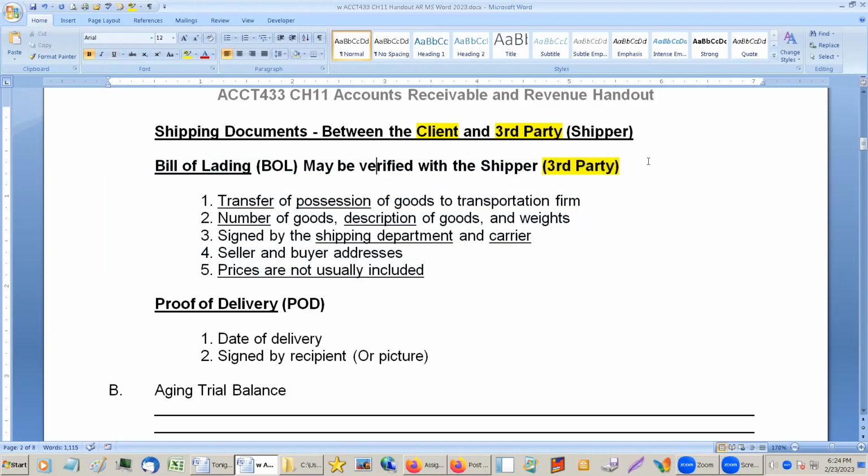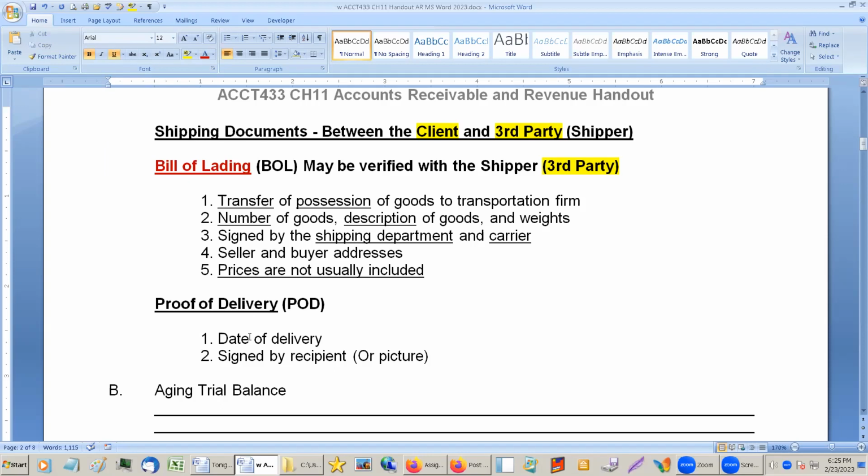This is usually the best. It shows that the client actually made a sale. It may have gotten lost in shipping or burned up or whatever, but this is very good proof that they actually attempted to make the sale.